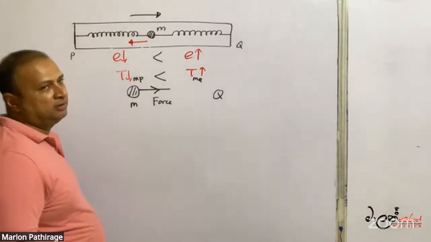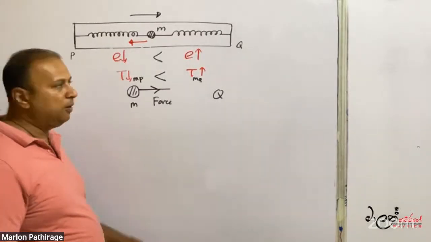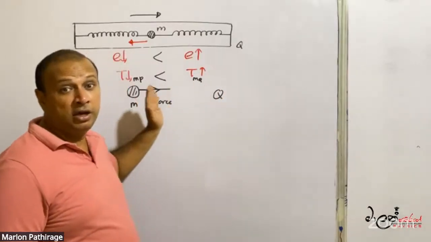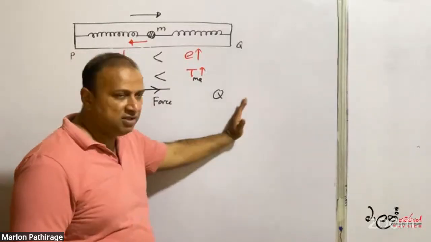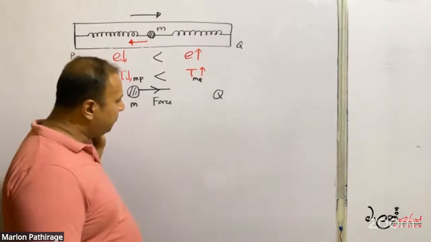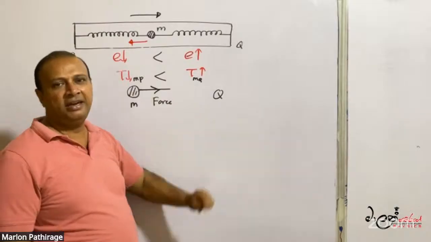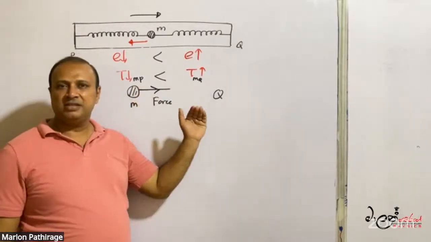That means statement A is correct, because if there's a uniform acceleration towards this side, definitely there should be a force in this side.